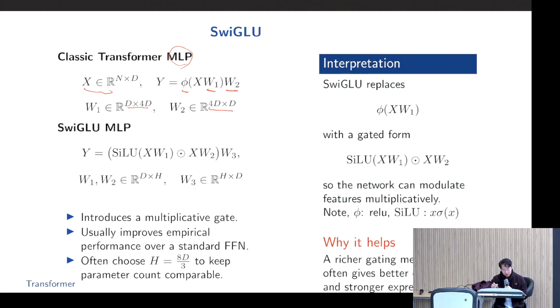So what you do is, if you look at this point here, receive input x, multiply with W1. Forget about SiLU for a second. And then you do gating here as opposed to matrix multiply.